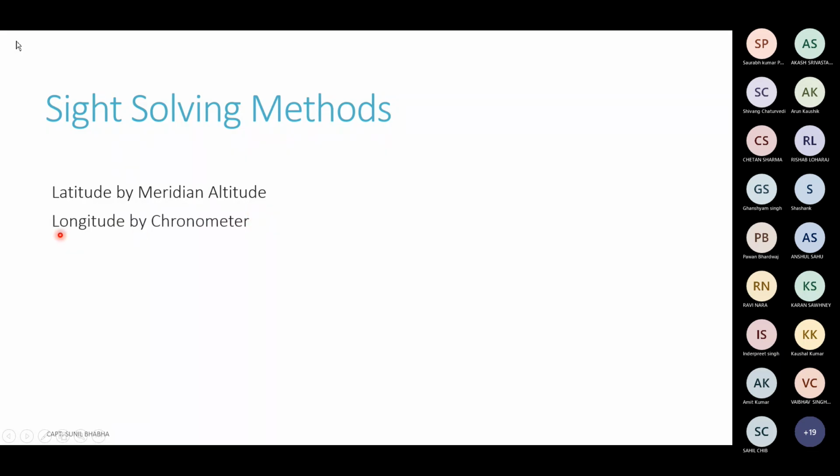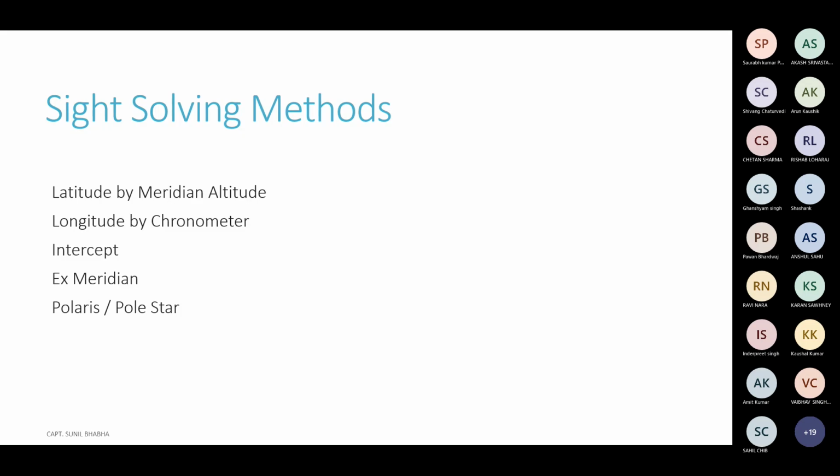The second method is longitude by chronometer. The third method, intercept. The fourth, X meridian. And number 5, Polaris or pole star observations. So we will now go into these methods one by one.